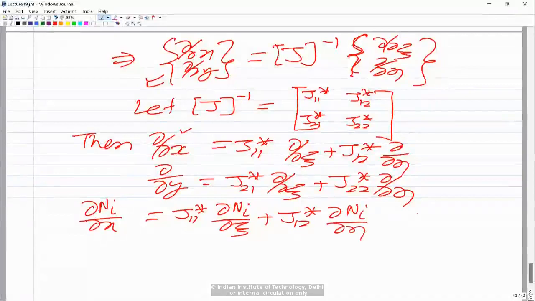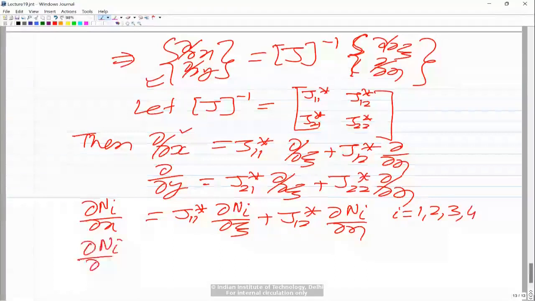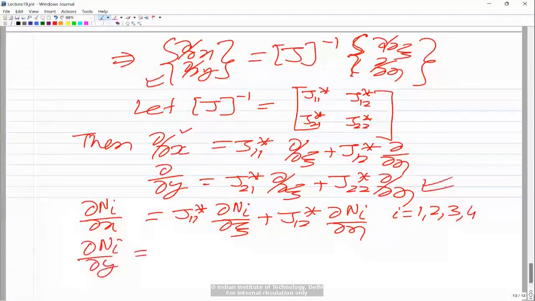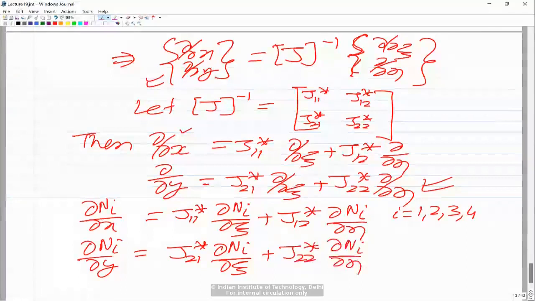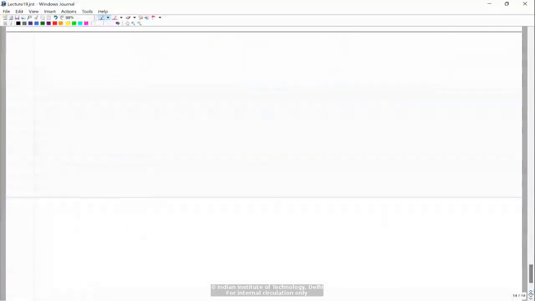Here i takes the values 1, 2, 3, 4 because there are four shape functions. Similarly, del Ni by del y will be equal to J21 star into del Ni by del xi plus J22 star into del Ni by del eta. Like this you can get the derivatives of all the shape functions with respect to x and y.